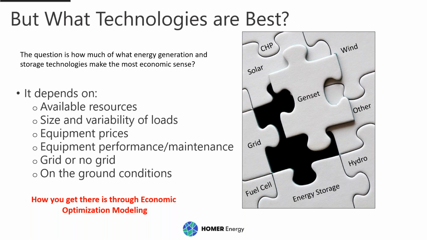Because the load doesn't necessarily match up with the available solar or wind resource, for example. But then there's also what kind of maintenance has to take place on the equipment. Is there a grid, or is there not a grid, or is it a weak grid that sometimes works and sometimes doesn't? And then there are other on-the-ground conditions that also have an impact. And so the software is there to help answer those questions about what makes the most sense.